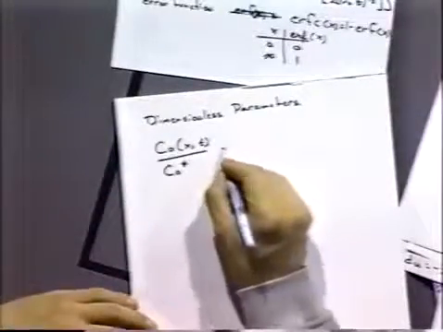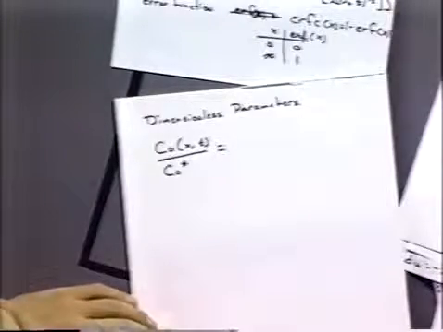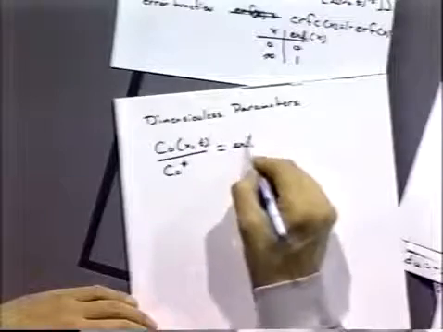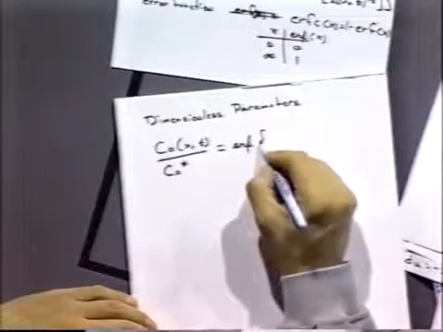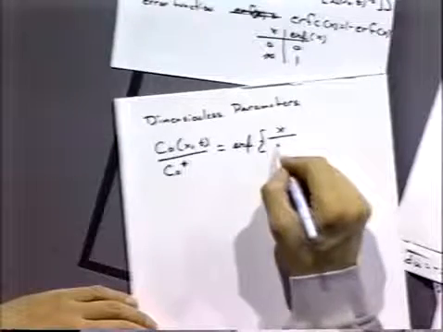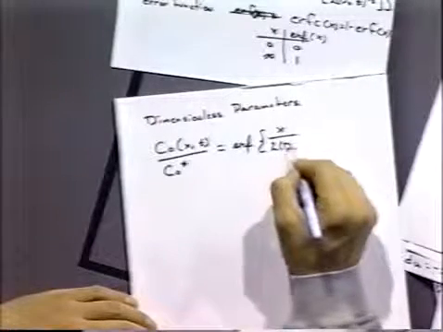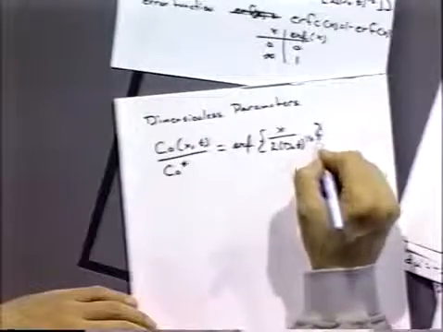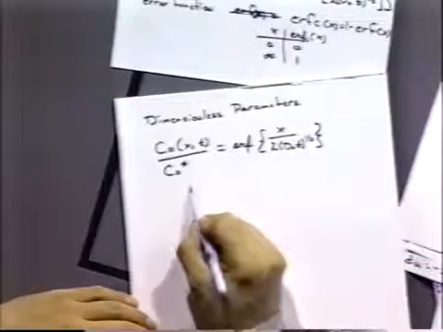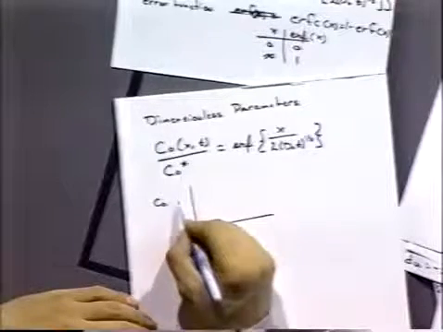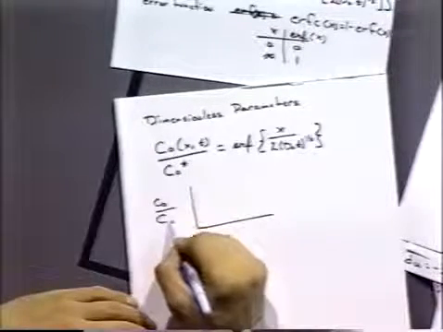And so concentration is made dimensionless that way, and the error function is dimensionless already. So we get this behavior. And so we look at a plot of the concentration of O over the bulk concentration.